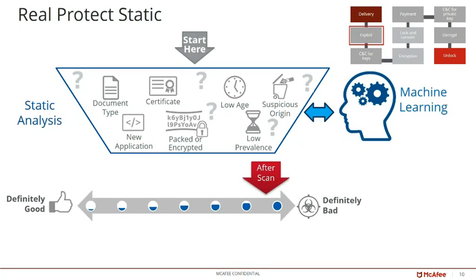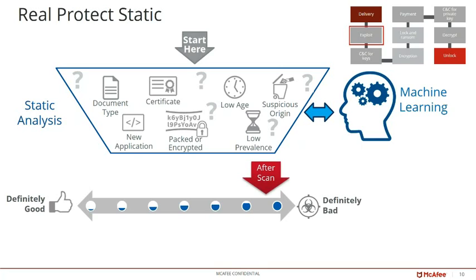So whilst being able to make those predictions pre-execution is fantastic, I don't think you want to be solely reliant on that pre-execution protection, because if you were, then on the small number of occasions where the algorithm thinks that statistically a file is good when actually it's bad, well, then you'd have no second line of defense.